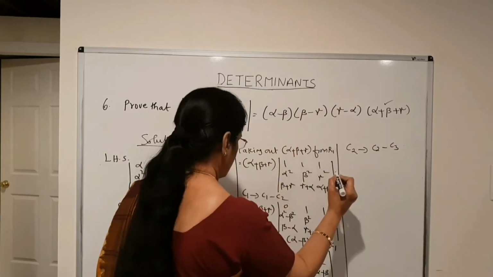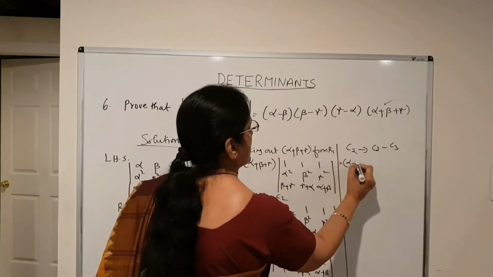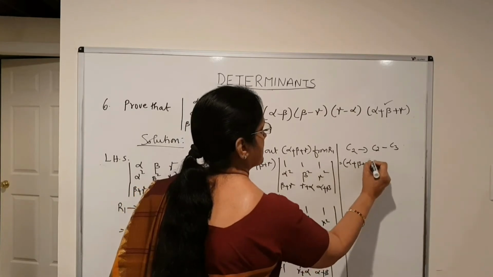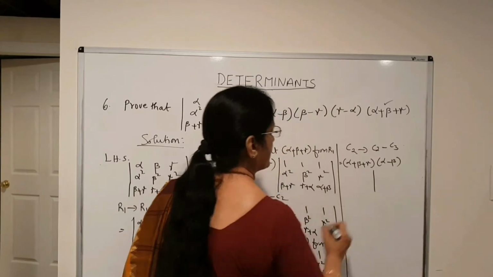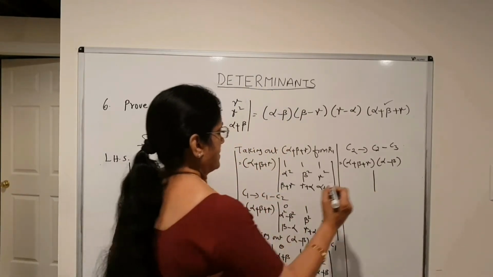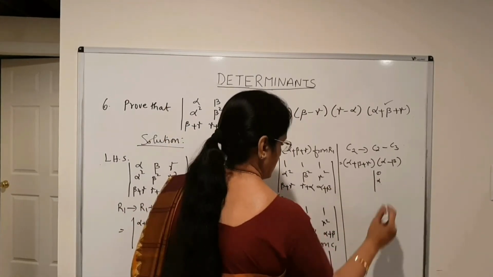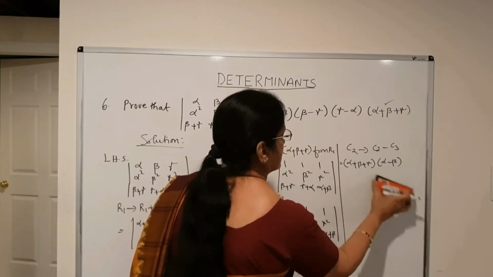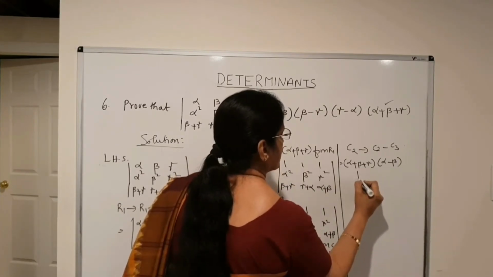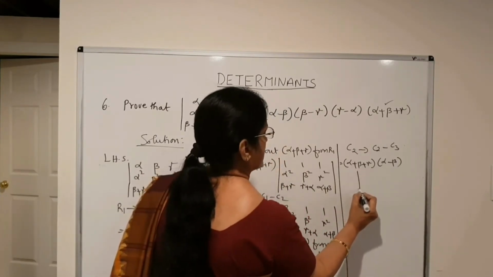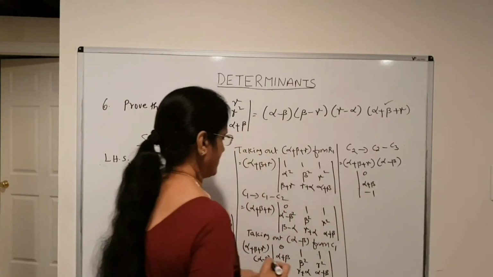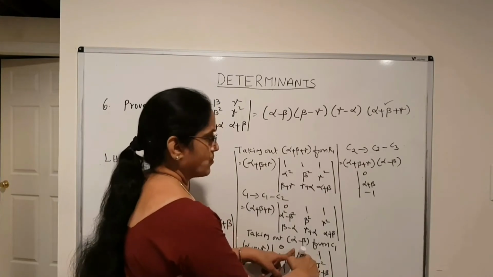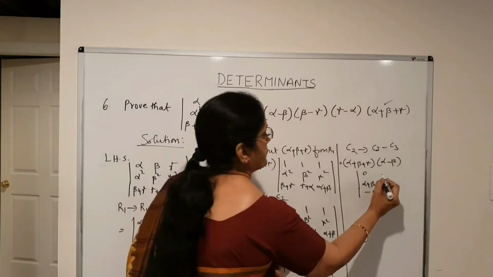Then what will happen? This will be alpha plus beta plus gamma into alpha minus beta into the determinant 0, alpha plus beta, minus 1. Here 1 minus 1 which will be 0.